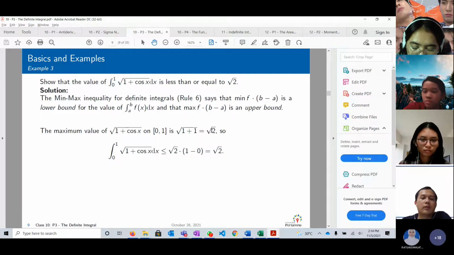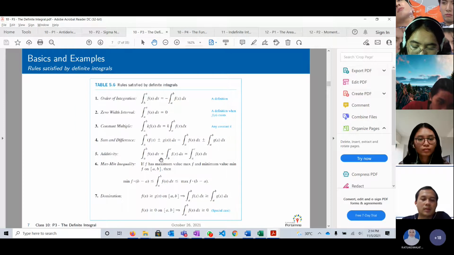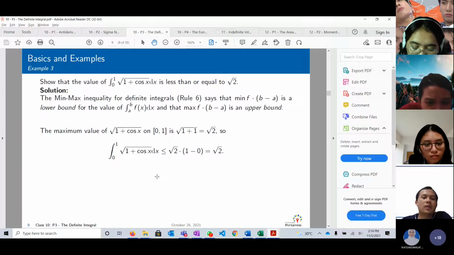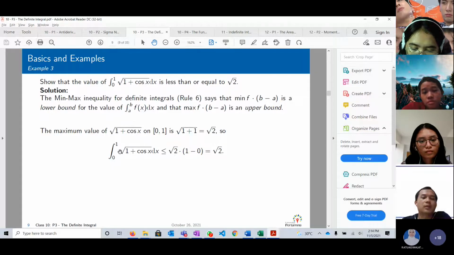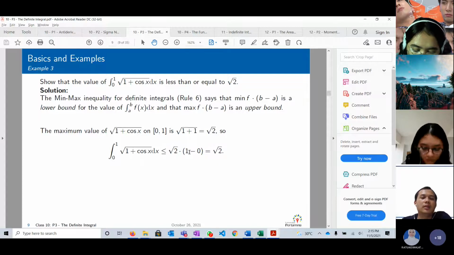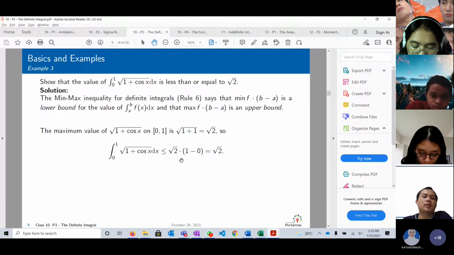From rule number 6, we can directly compare it. The integral from 0 to 1 of square root of 1 plus cos x dx is always less than or equal to square root of 2 times (b minus a), where b is 1 and a is 0. So we have this. This is the answer.